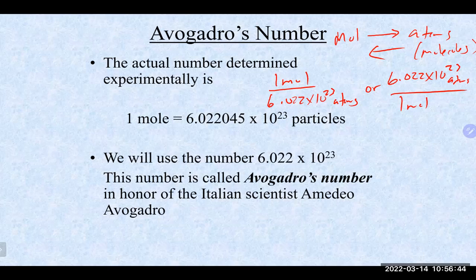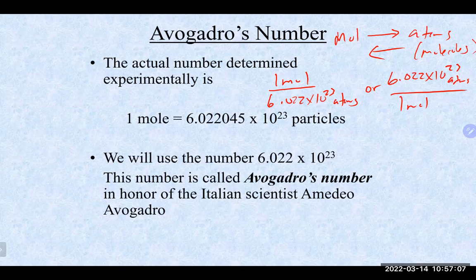People oftentimes will use Avogadro's number everywhere because they're like, hey, I learned that number, I probably should just throw it down on every calculation I do. And you really shouldn't do that. You should only use Avogadro's number if you are given a number that's in atoms, molecules, particles, or something like that, or you're asked to find something in atoms, molecules, or particles.